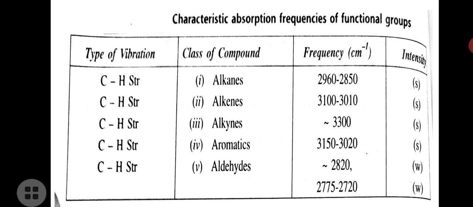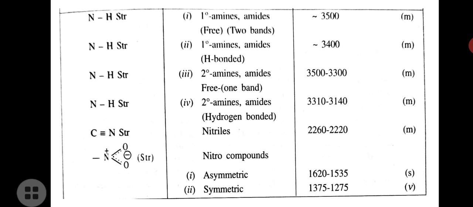The type of vibration is mentioned in the first column, then class of compound in the second. In the third, the frequency in cm⁻¹ is shown, and in the fourth one, intensity is shown. You can see in all these three tables the different types of vibration, class of compounds, and their frequencies. With the help of this table, we can have a very clear idea regarding an infrared spectrum.